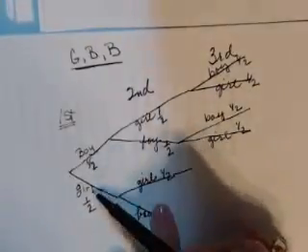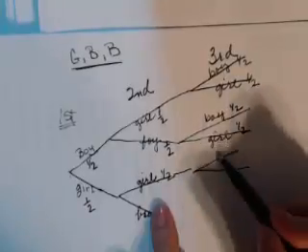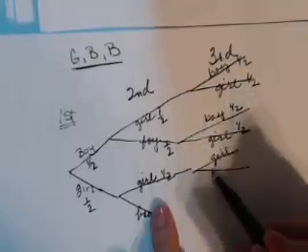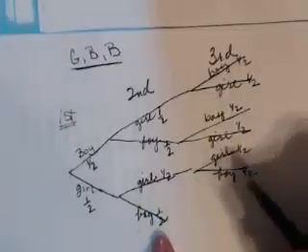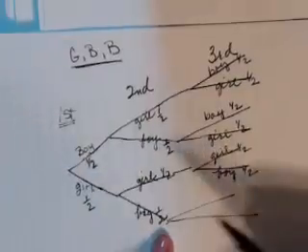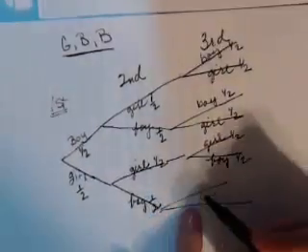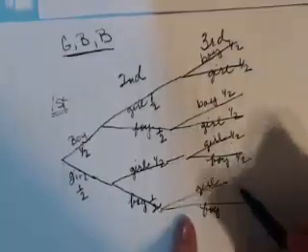If the first child's a girl and the second child a girl, then the third child could be a girl or a boy. And then if the first child is a girl and the second child a boy, the third child could be a girl or a boy.